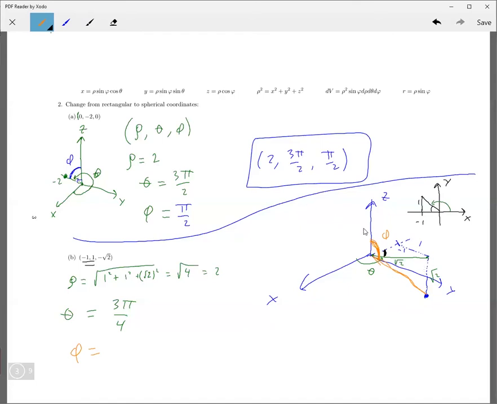Going from z down to just on the green line is going to be pi/2. It's going to be 90 degrees, and this is going to be an extra pi/4. So that's also 3pi/4. Let's try that.